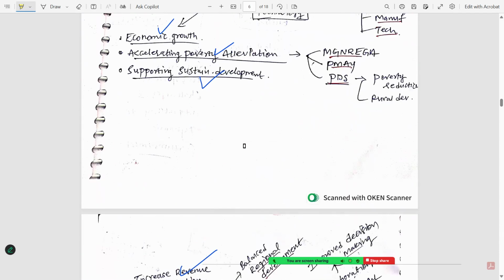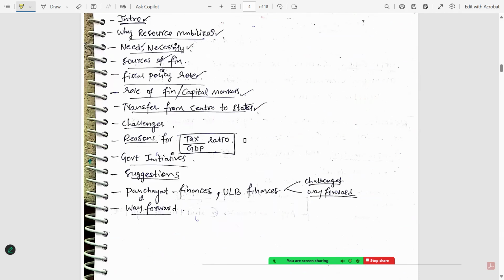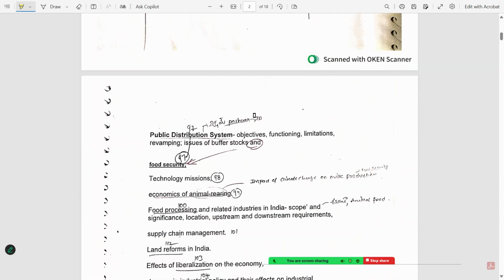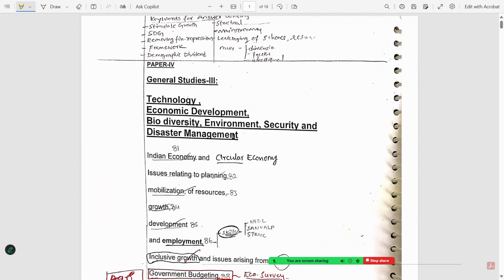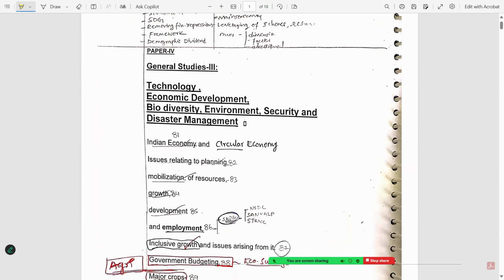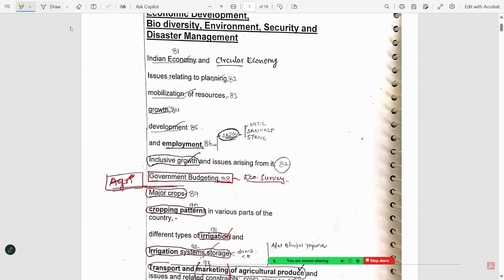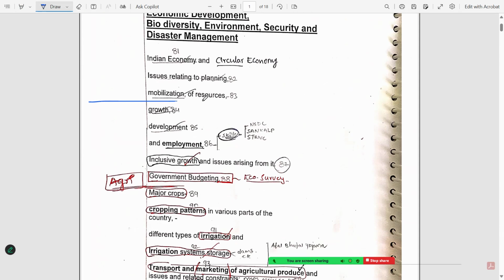So all these topics we have discussed today. This is day one. Today we discussed topics 81, 82, and 83. Tomorrow we'll be discussing the topics of growth and development, topic number 84 and topic number 85. I've given numbering so that we can cover every topic in a detailed manner.